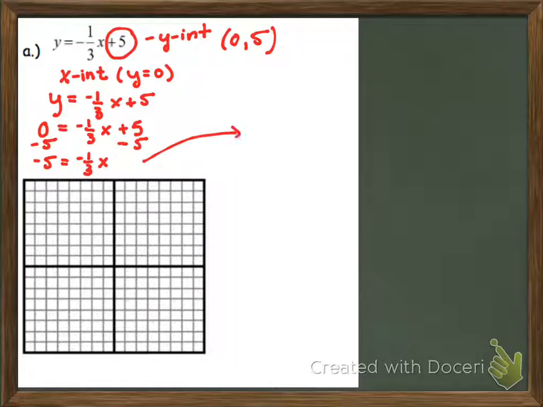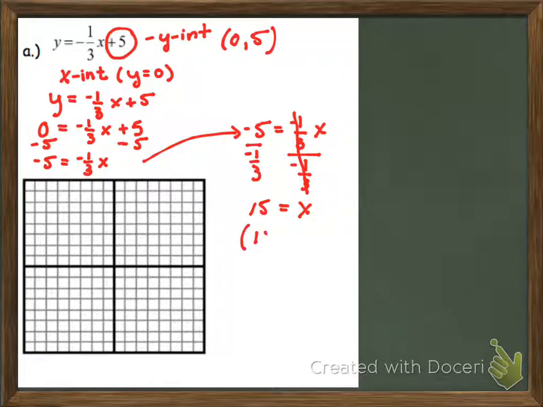I'm going to move that over here to give myself a little more room to work. My next step to getting x by itself is to divide by the negative 1/3. Negative 5 divided by negative 1/3 is a positive 15. So that ordered pair is (15, 0).